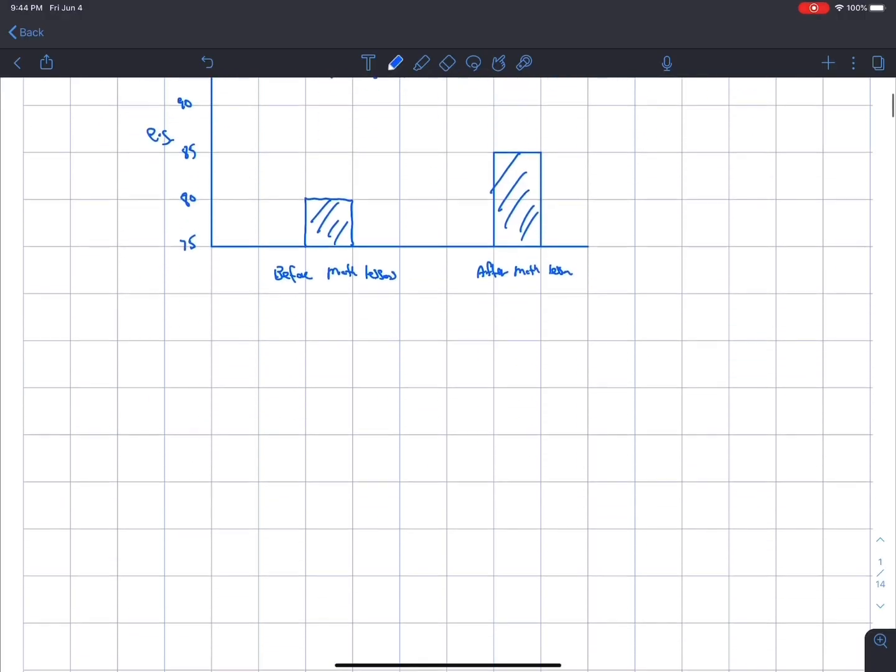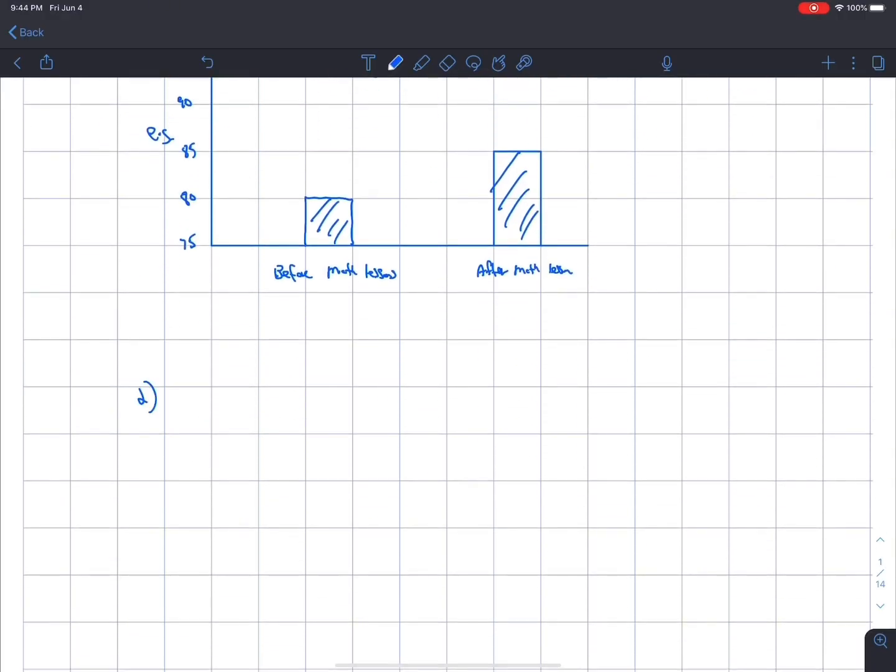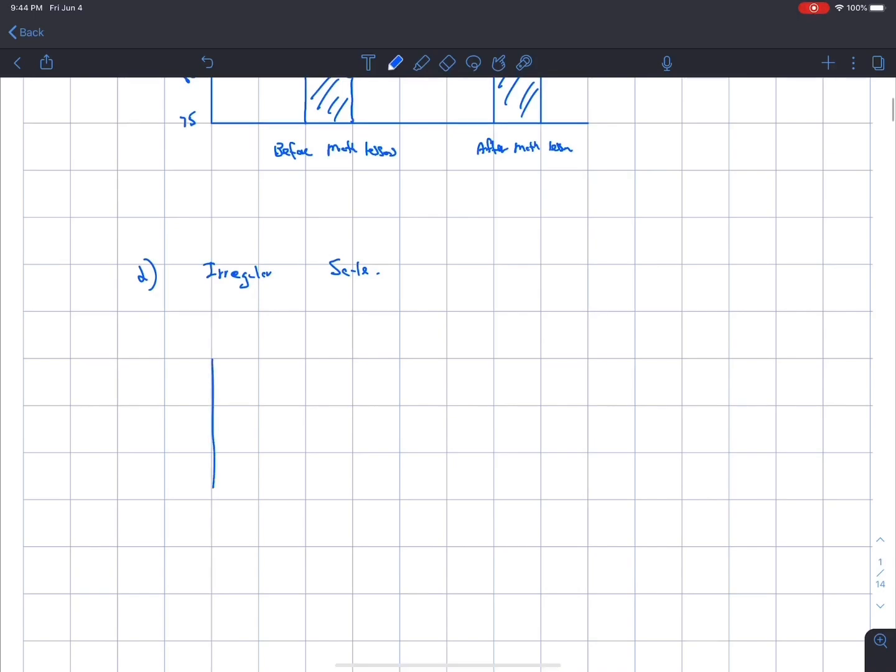And then the second one that you need to know is irregular scale. I can use the same example.